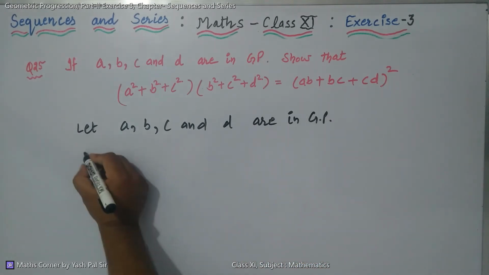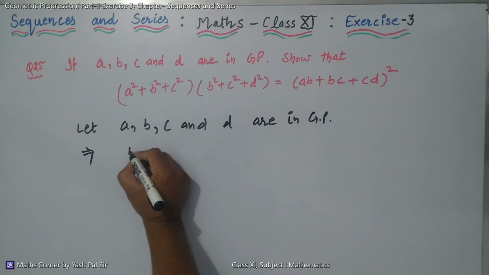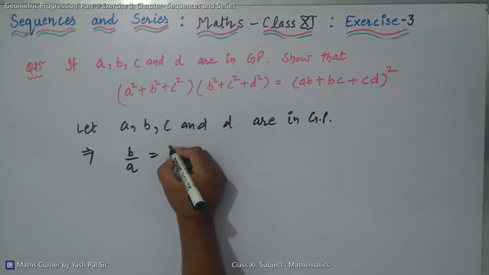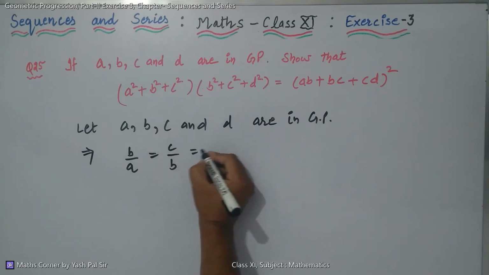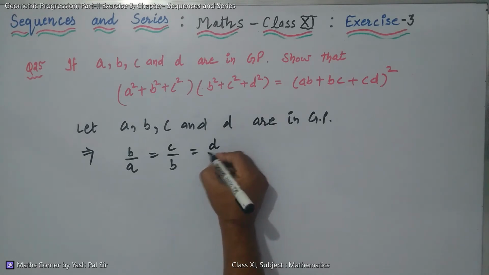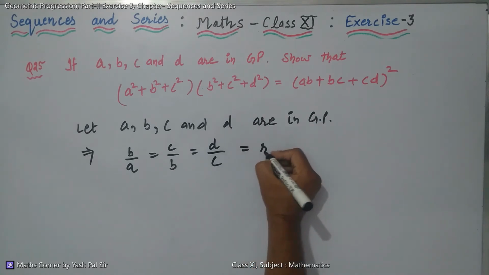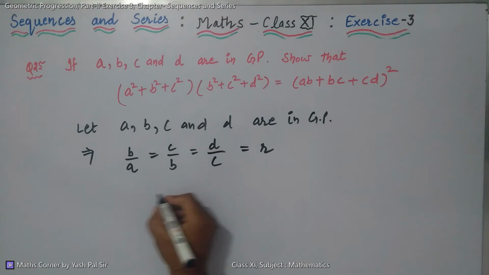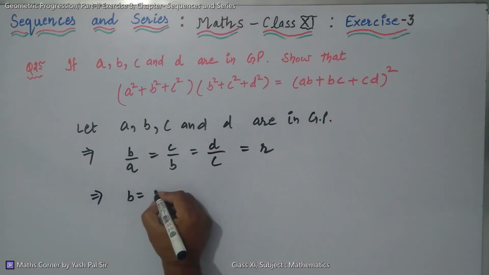If these terms are in GP, then we can write second term divided by first term is equal to third term divided by second term is equal to fourth term divided by third term. This is the common ratio. Suppose this is equal to R. So what we find here, the value of B is AR.